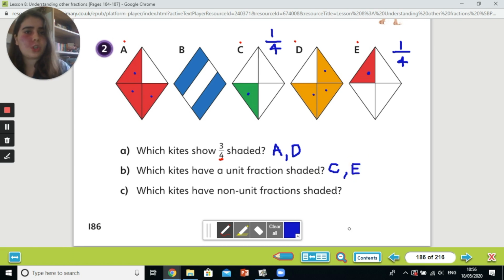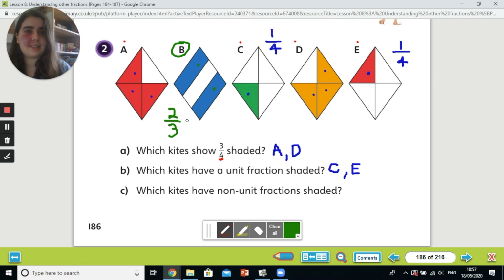Which kites have non-unit fractions shaded? Our only one left is kite B. What's different from all the other kites about kite B? Kite B has been divided into 3 equal parts, or thirds. And how many of the thirds have been shaded? We've got 2 blue parts shaded.